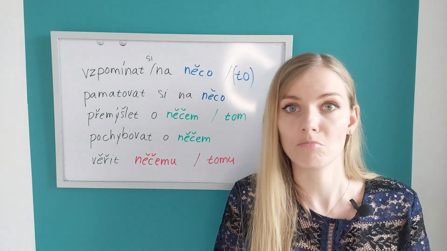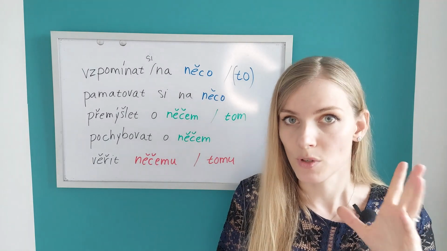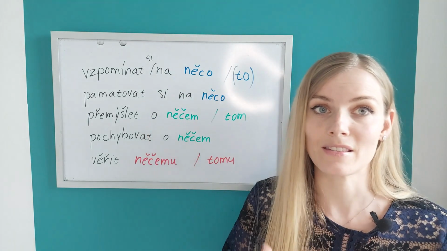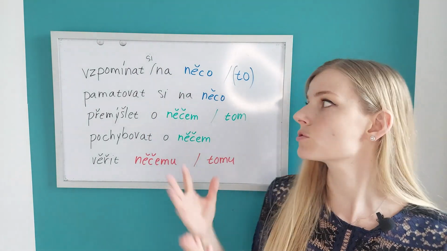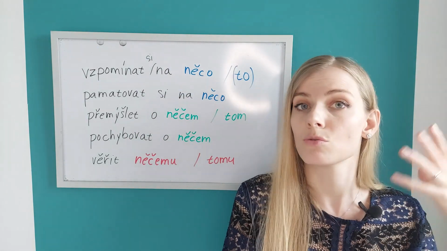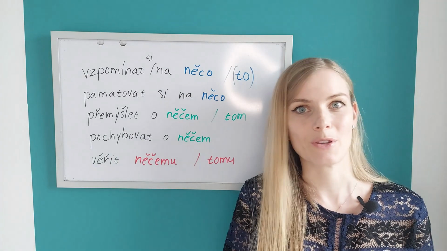But if you hear Czech and you improvise with the language, you will realize that at one point you will actually want to say something like this. In my opinion, it's always good to combine things, to know a little bit about the rule and also be surrounded by the language. But this all depends on you.